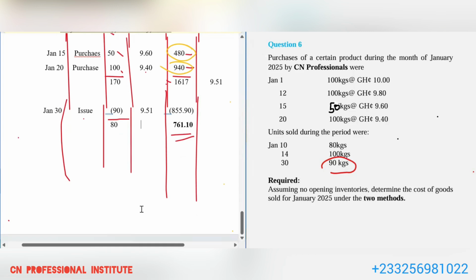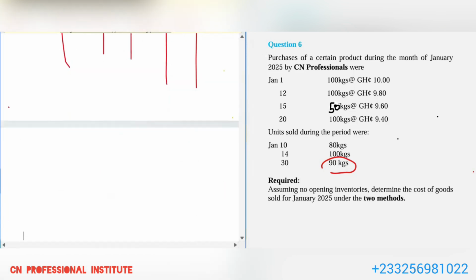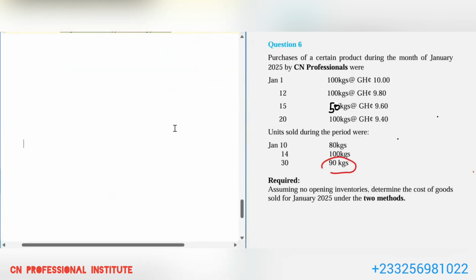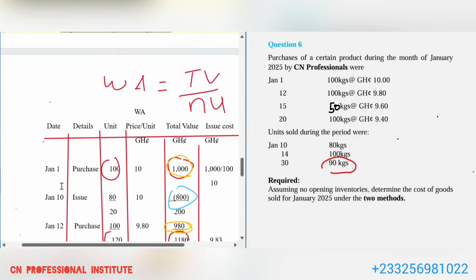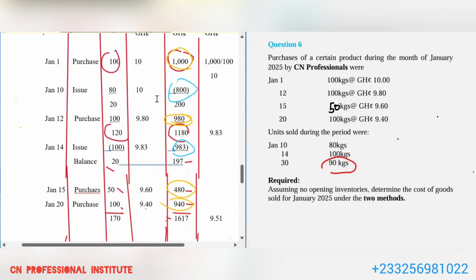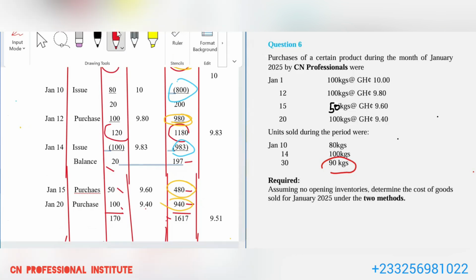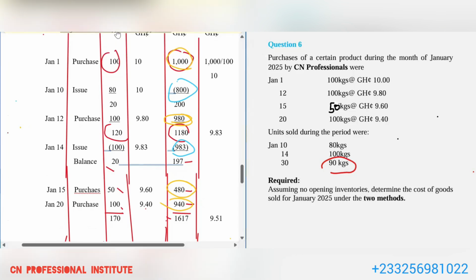Then we need to get cost of sales, right? Okay. So with the cost of sales, we said we have to add all the issues, right? We have to add all the issues to get our cost of sales. So if you come here, what are the issues? January 10, this one, we have this 800, right?